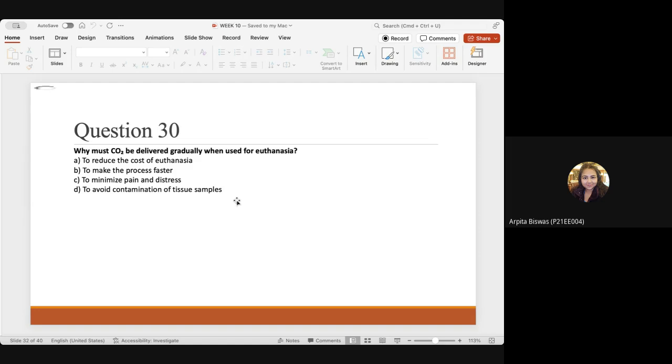First option, to reduce the cost of the euthanasia. Second is to make the process faster. Option C, to minimize the pain and distress. And option D is to avoid the contamination of tissue samples. To reduce the cost of euthanasia? No, isn't it?